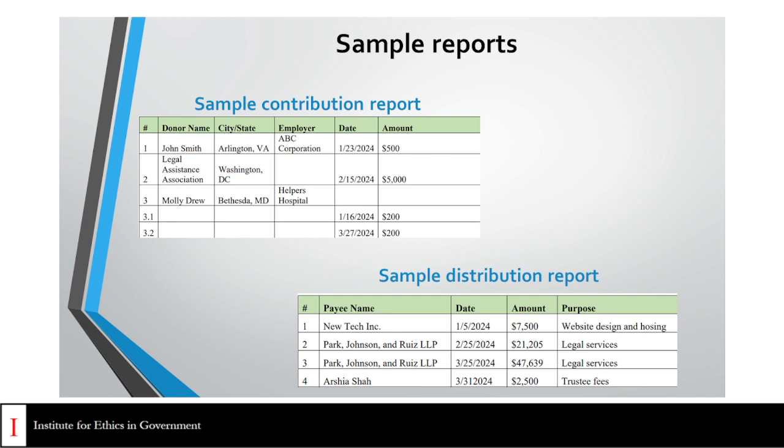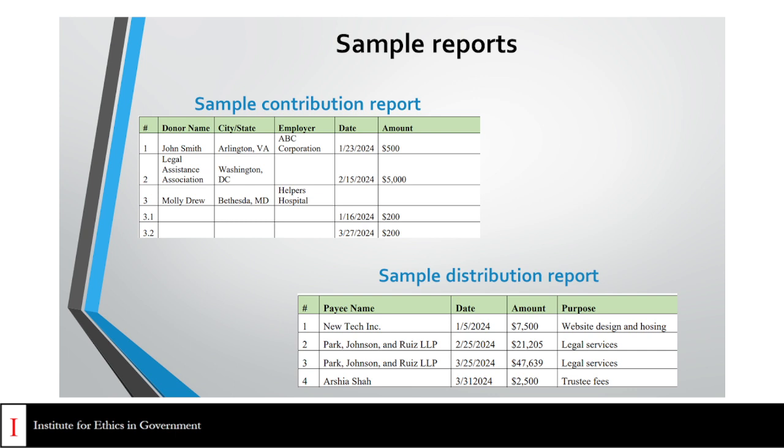This slide shows samples that were taken from page 17 of the Employee LEF Guide, which can be found on the OGE website. On the contribution sample, I want to draw your attention to line 3, which is an example of how to report multiple donations from a single donor.